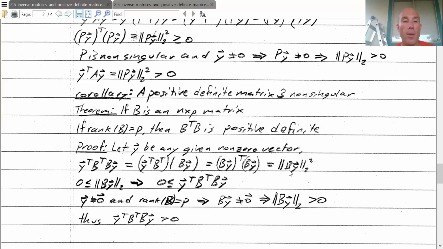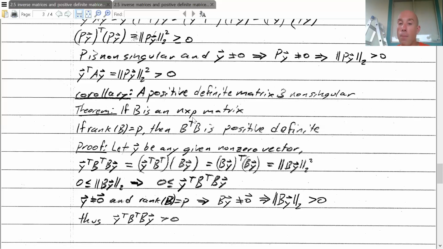Well, so I know it's a sum of numbers that have been squared. I know automatically it has to be greater than or equal to 0. Okay, so that gets me to here. Now, can it be 0? Well, B is full rank, right? So B has rank p, and that's its number of columns. So it has all linearly independent columns.